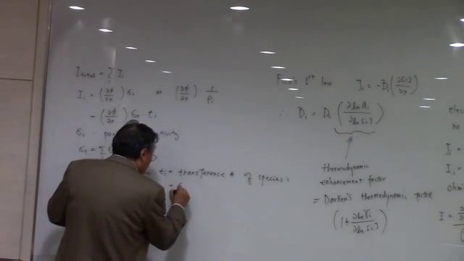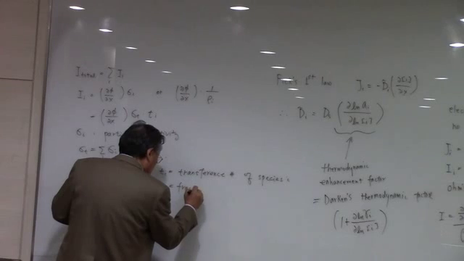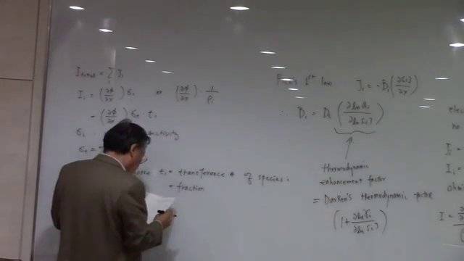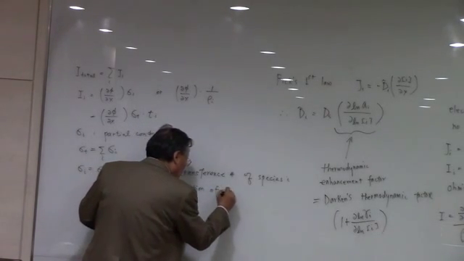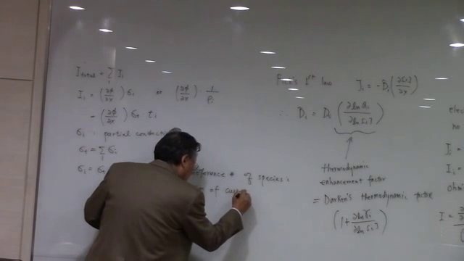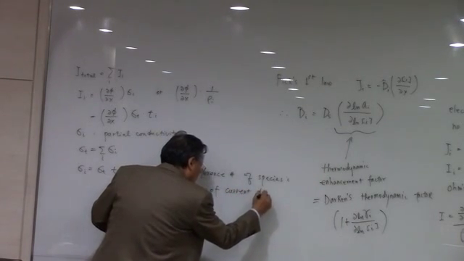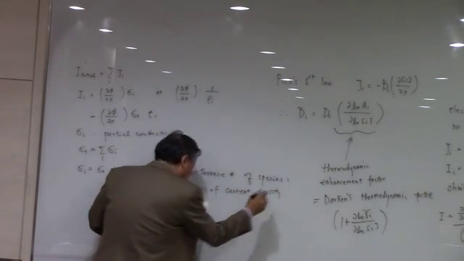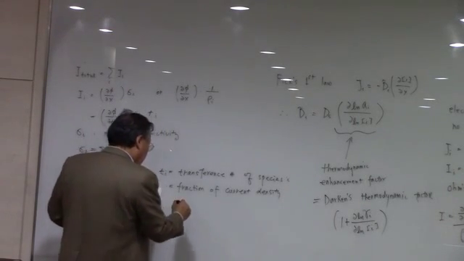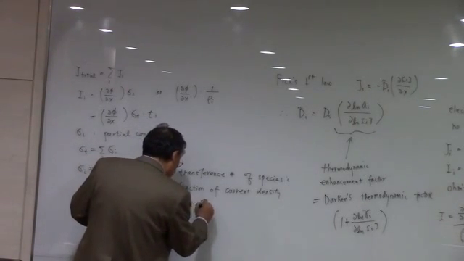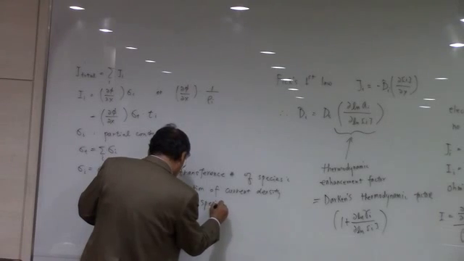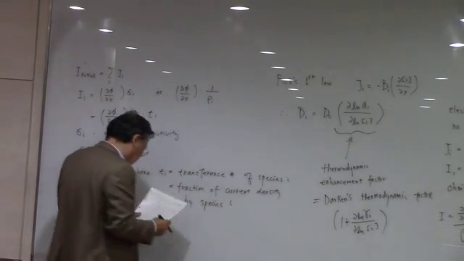It is the fraction of current density carried by species i.